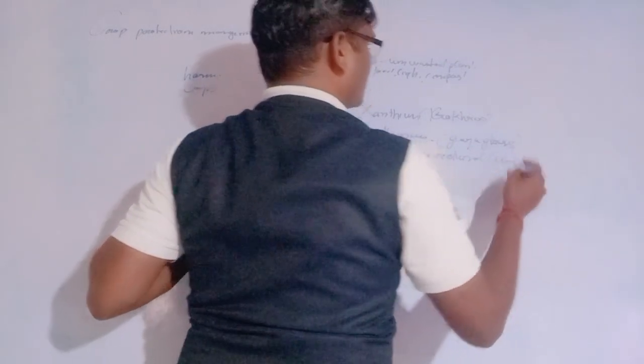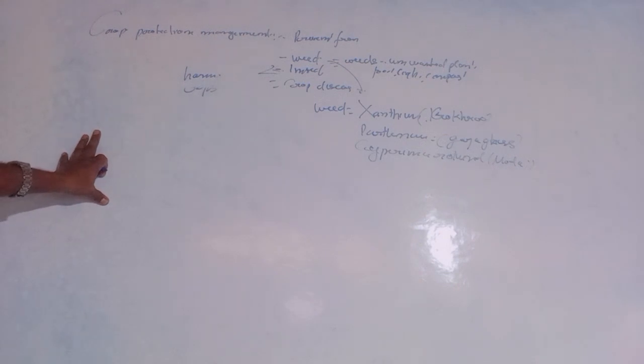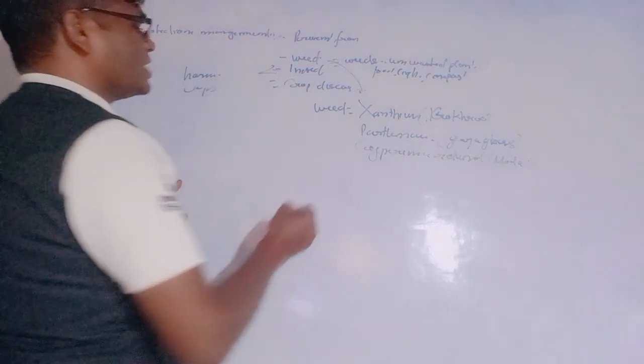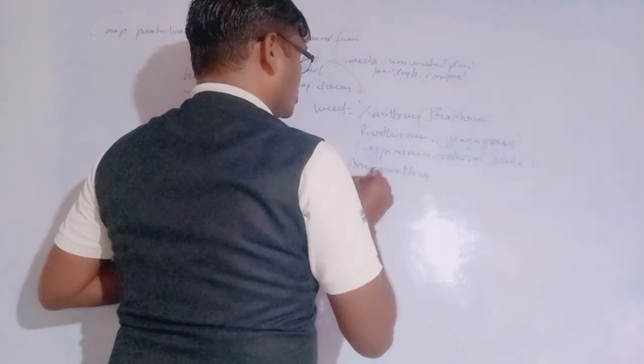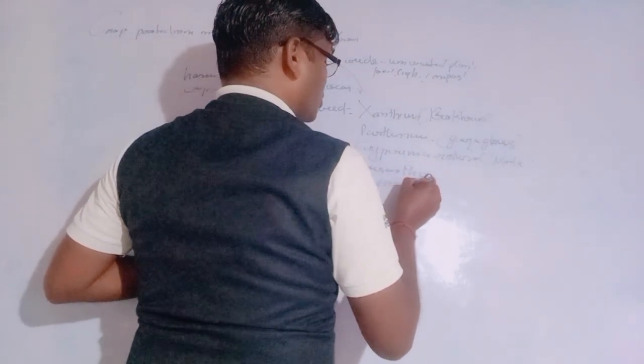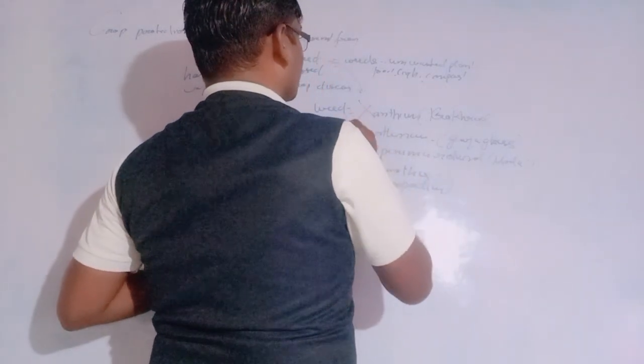Motha is a type of grass generally growing in our fields, and we have to uproot it manually. Then Amaranthus and Chenopodium are also wild weeds and different types of grasses.